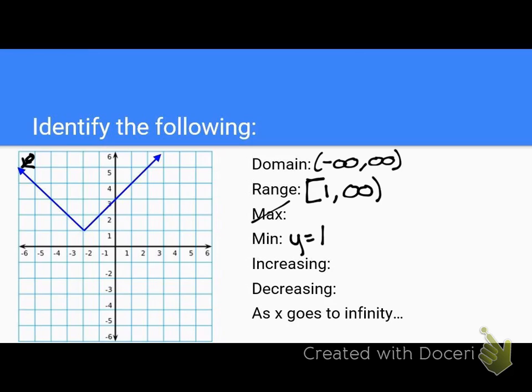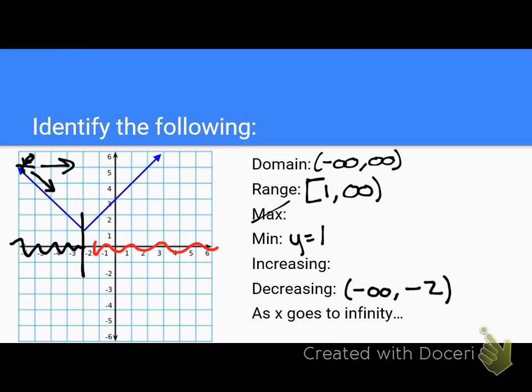If I'm standing on my graph as far left as I can go and I try to walk to the right, I'm forced downhill first. So first I'm decreasing, right? So that's from negative infinity until I hit this point. So -2, right? For all of those x values, I'm walking downhill.